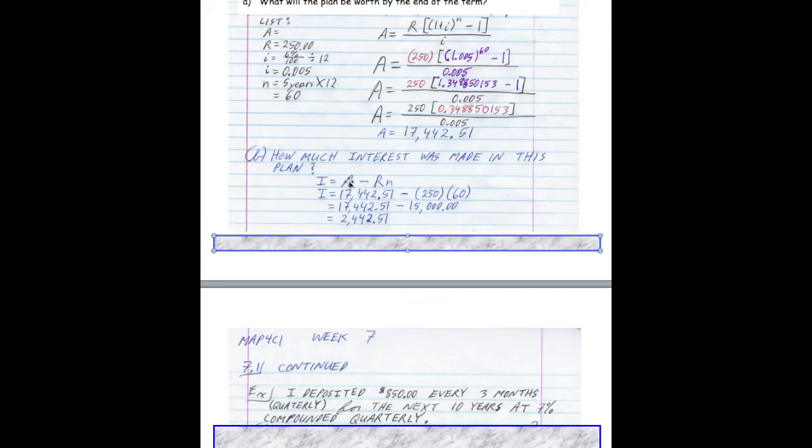So the final amount was the one we calculated above. This $15,000 is how much money we put in. We made 60 payments, 250 each. All right, so we put in $15,000, but the bank gave us back $2,442.51 at the end of 5 years. That's not bad.